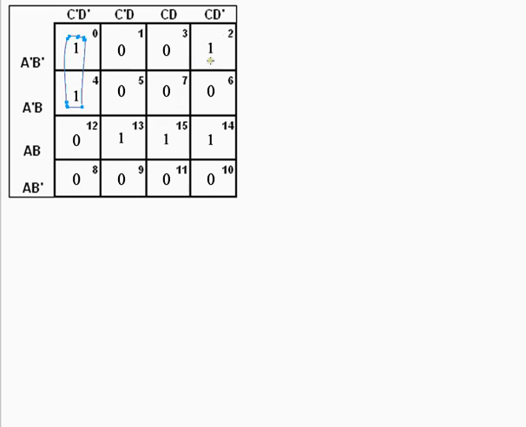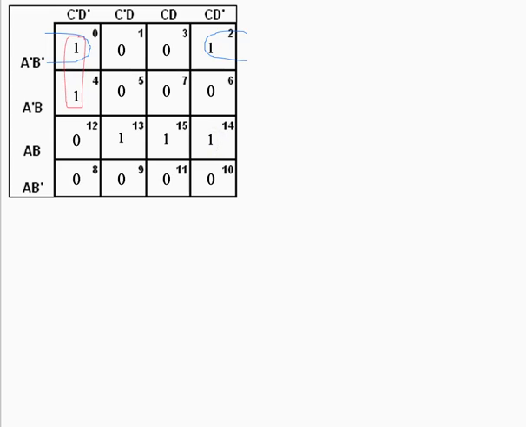If you take a look at this one, the only way that you can have that one covered is if you take it in conjunction with this right there. Okay, and then we have these ones over here. So this one will force us to actually take two groups.